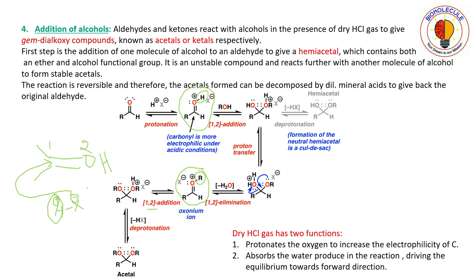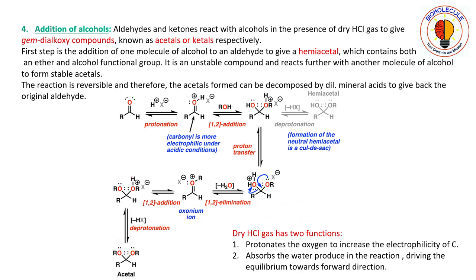So for this HX molecule, the overall reaction is taking place over two atoms, that is the addition reaction over two atoms, so it is 1,2 addition.